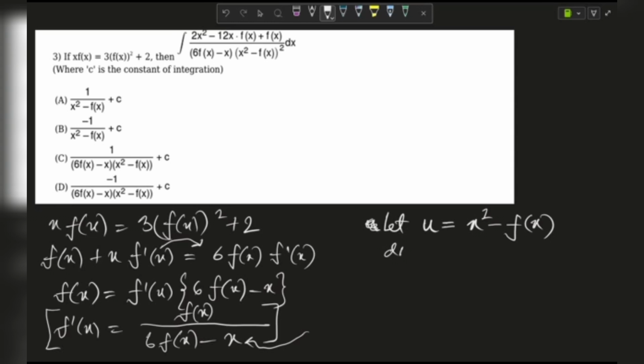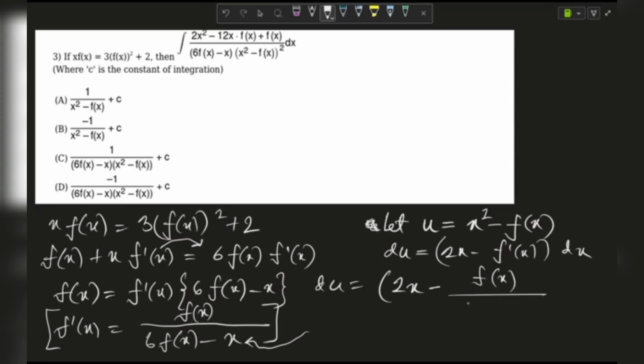So du comes out to be (2x minus f'(x)) dx. Now we put the value of f'(x) from here. So du comes out to be (2x minus f(x) divided by 6 times f(x) minus x) whole dx.